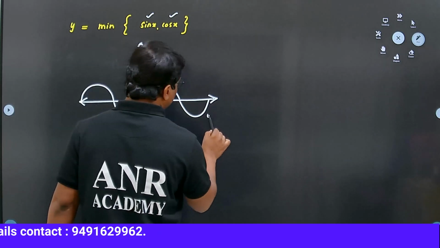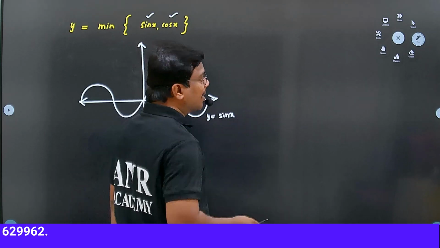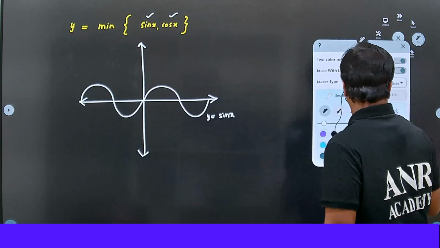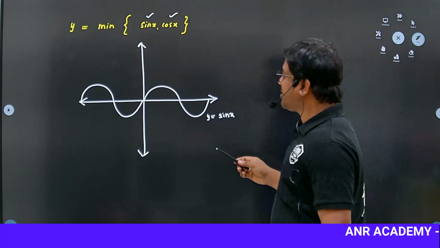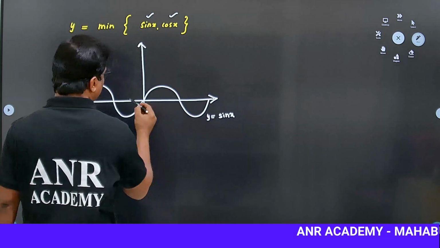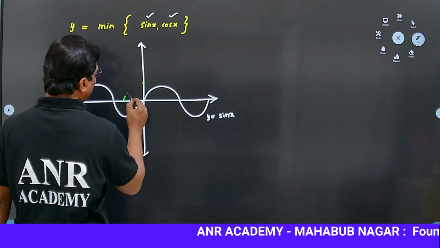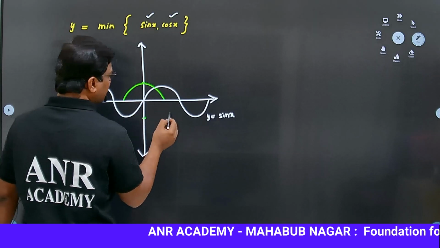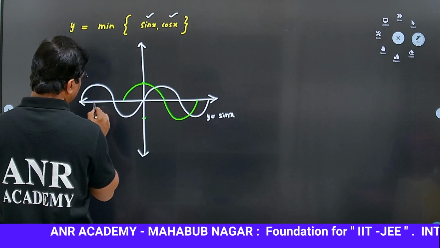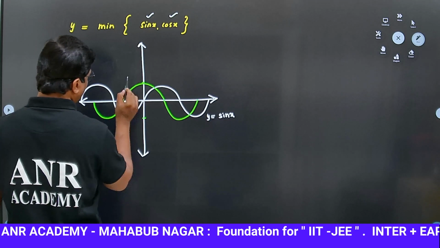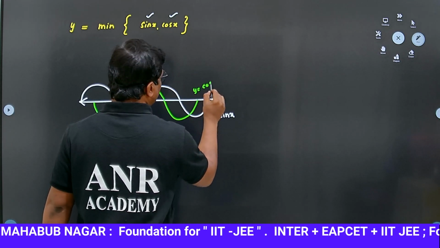This white colored graph indicates the graph of y equal to sin x. Next draw the graph of cos x. Maximum 1, minimum minus 1. Cosine graph I am going to draw. This one is the graph of cos x. This is y equal to cos x.